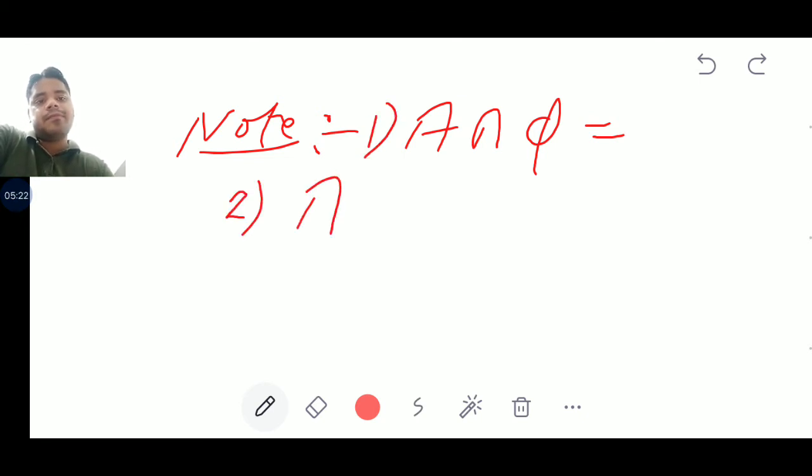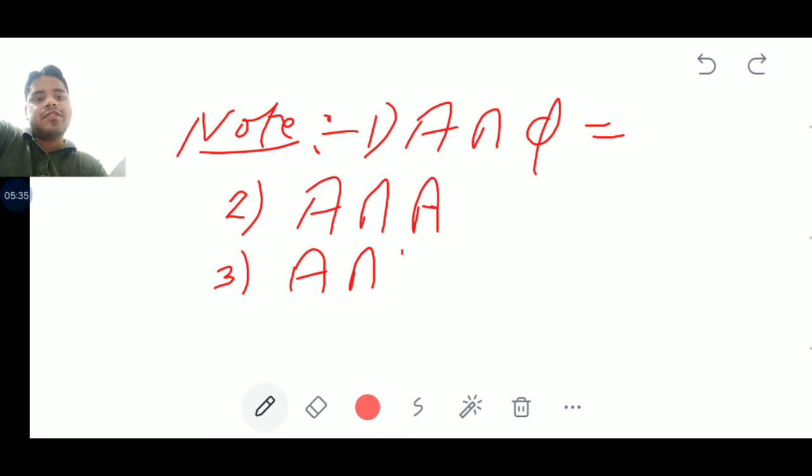Second, A intersection with A. Third, A intersection with universal set U, where U stands for universal set. So what are their values?